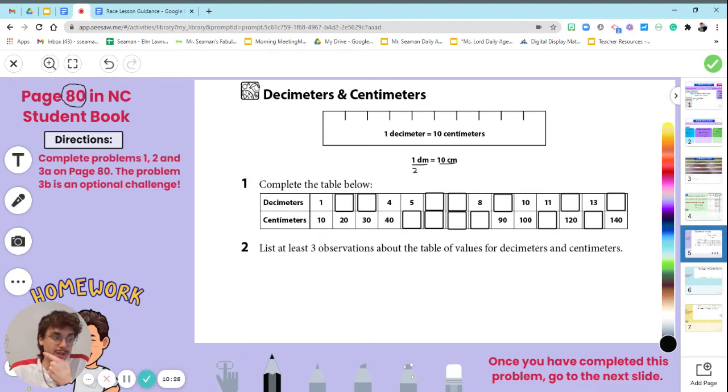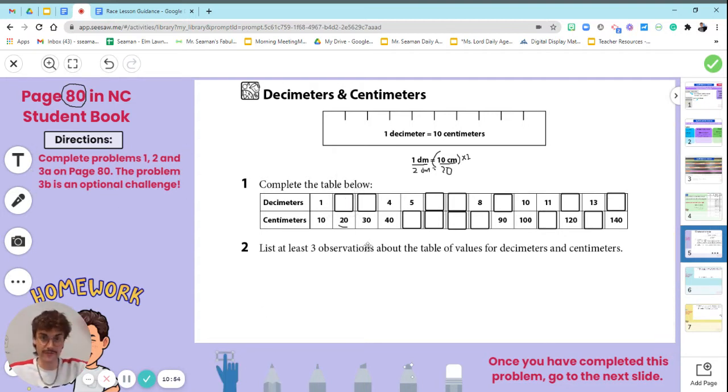So if I have 2 decimeters, can I just multiply this by 2? I don't see why not. So 10 times 2 is 20. Oh, what do you notice? Centimeters, 20. So this box right here is going to have to be 2.